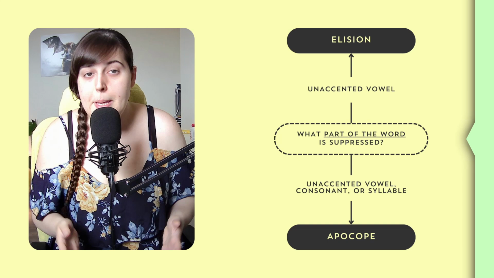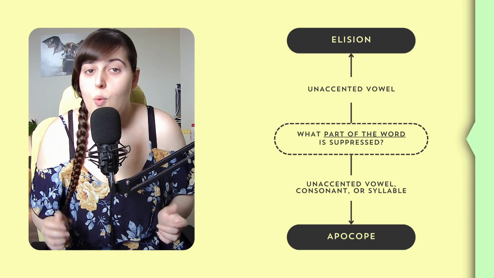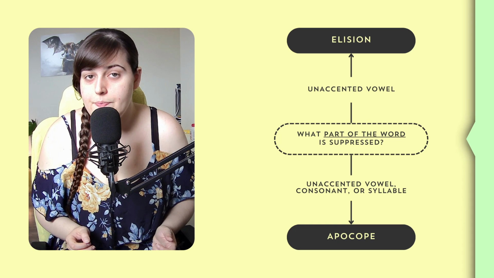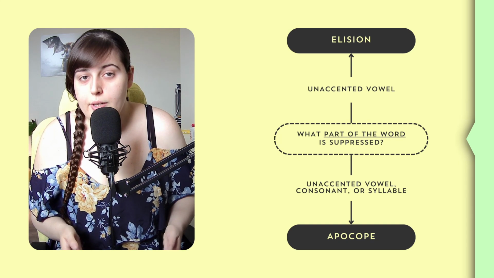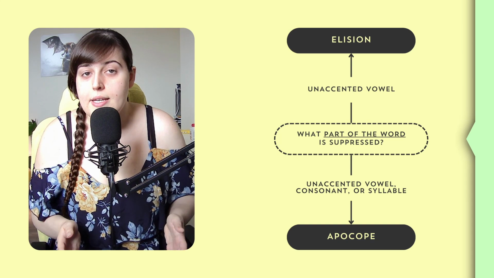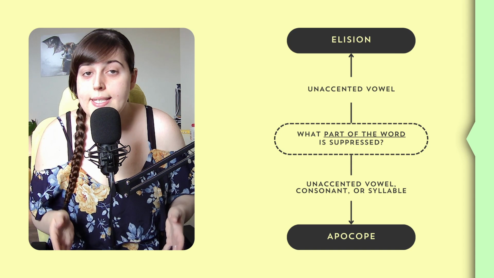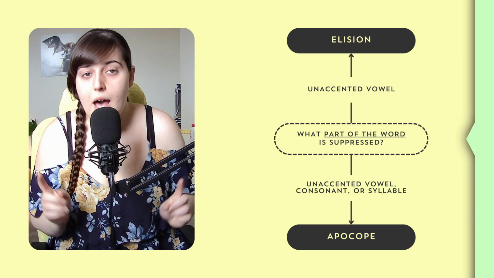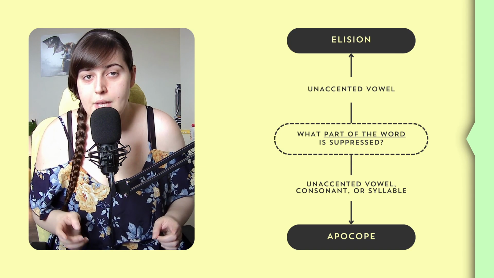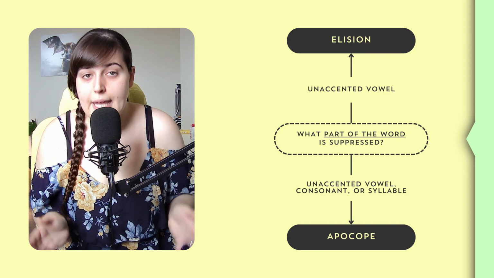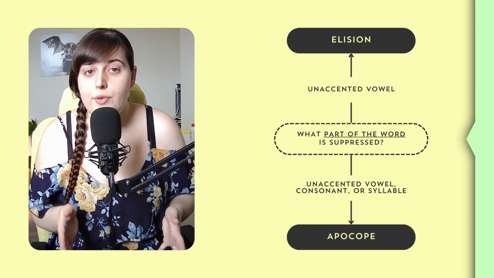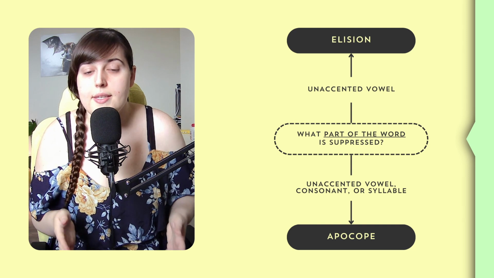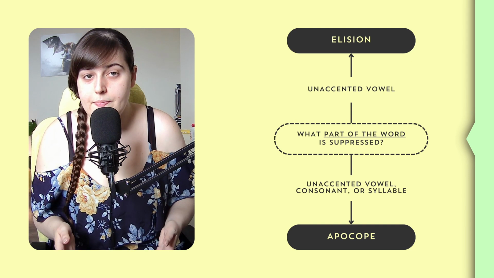If I say bell'esempio che dai, what a great example you set, usually said ironically, I'm using the elided form of bello because only the final O is suppressed. However, if I say oggi c'è bel tempo, today it's nice weather, I'm using the truncated form of bello, since the whole last syllable is suppressed.